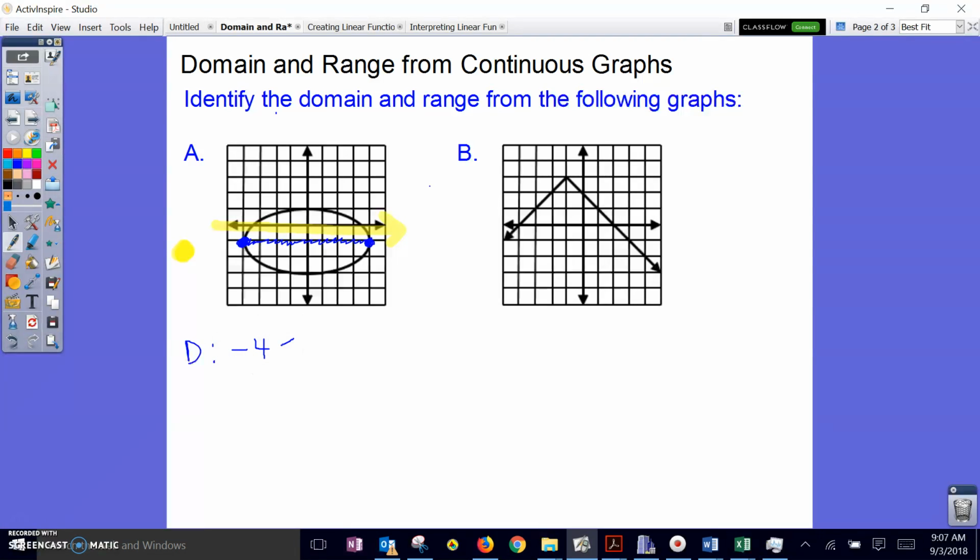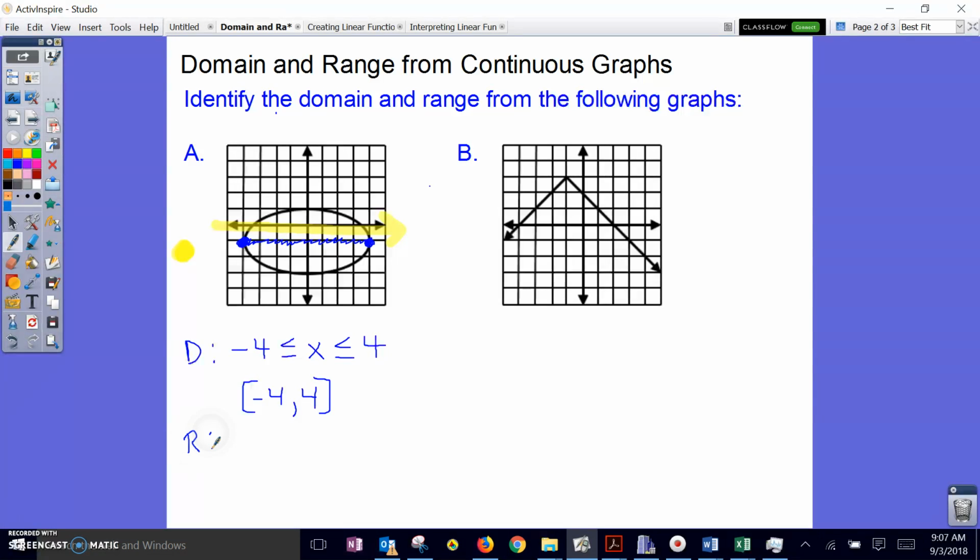At -4, there is a point on the graph, so we're going to use a less than or equal to. Domains are represented by x values. And it keeps going all the way over to +4. So that's what the inequality looks like that represents this domain. Now if I were to write this in interval notation, I would want to use brackets since the endpoints are included in the interval. And that is what the interval would look like in interval notation.